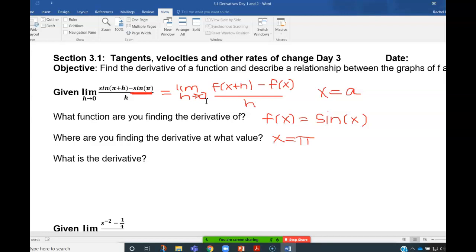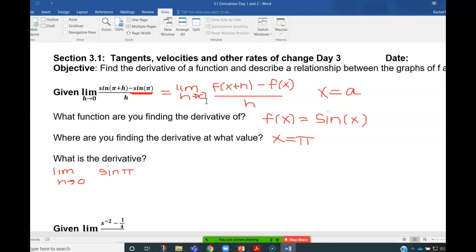So the sine of a plus b can be rewritten as a sine and a cosine function together. So we have the limit as h approaches 0. And what we're going to do is rewrite the sine of a plus b as the sine of a times the cosine of b.